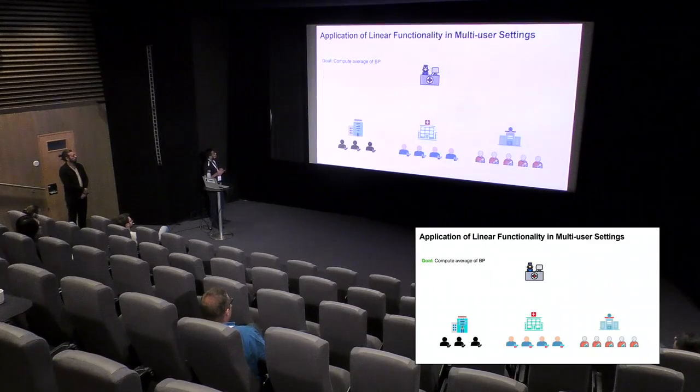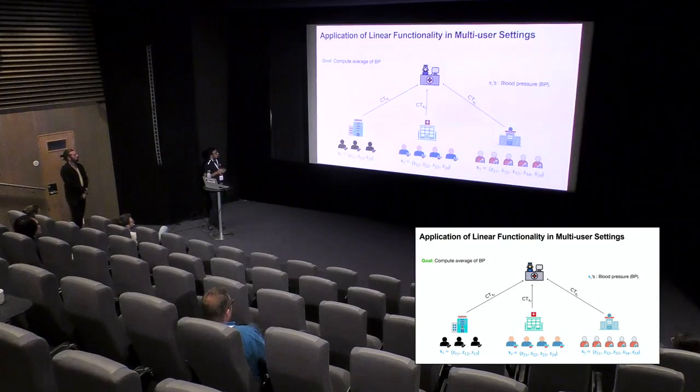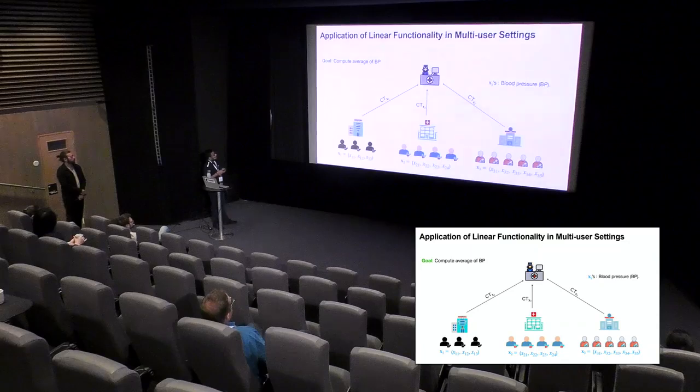Let's consider an application scenario of linear functionalities in the multi-user setting, where the goal is to compute the average blood pressure of the patients treated in different hospitals. In this slide, we consider three hospitals, and the blood pressure measurements are embedded into the vectors x_i.